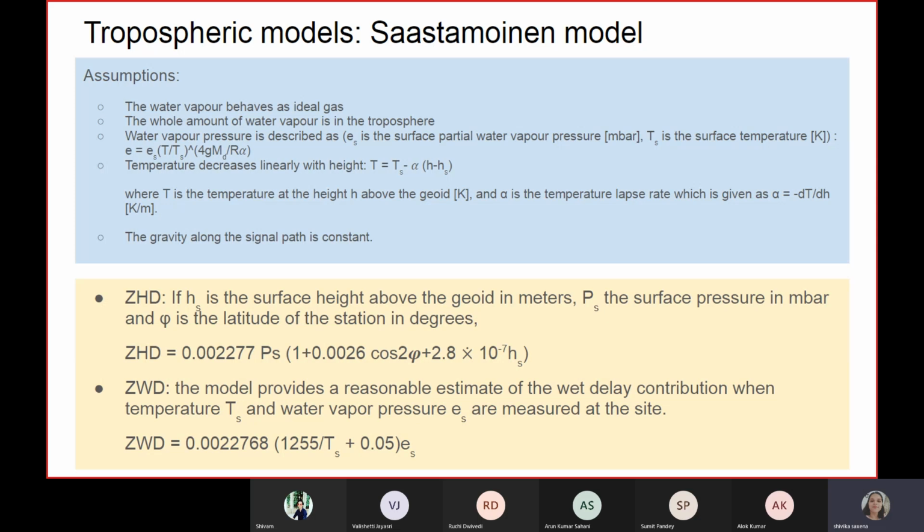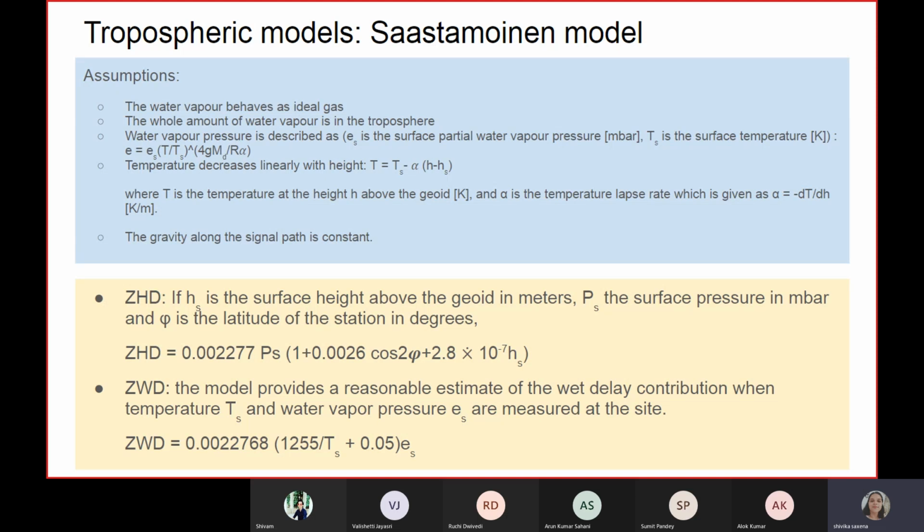So for the dry part, we have seen in the previous slide also, where the Saastamoinen model was discussed for the first time, we are using pressure, latitude, as well as height. These 3 things we are using to find the hydrostatic delay. The 2 things that you mentioned are used by the Saastamoinen model to compute the wet delay. These are the 2 inputs for wet delay, temperature as well as water vapor pressure.